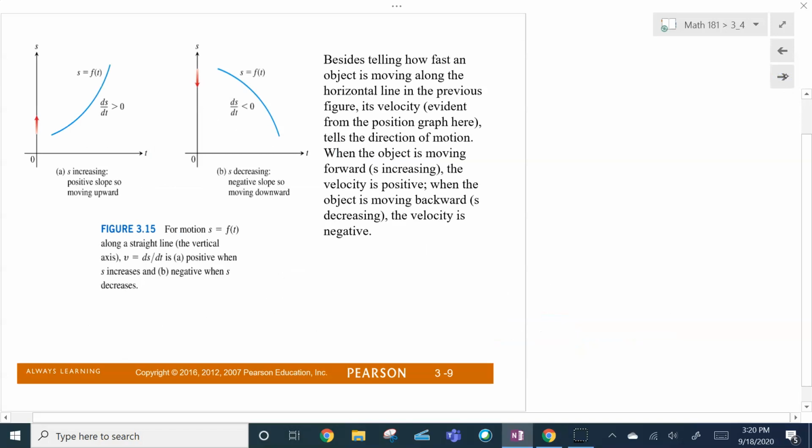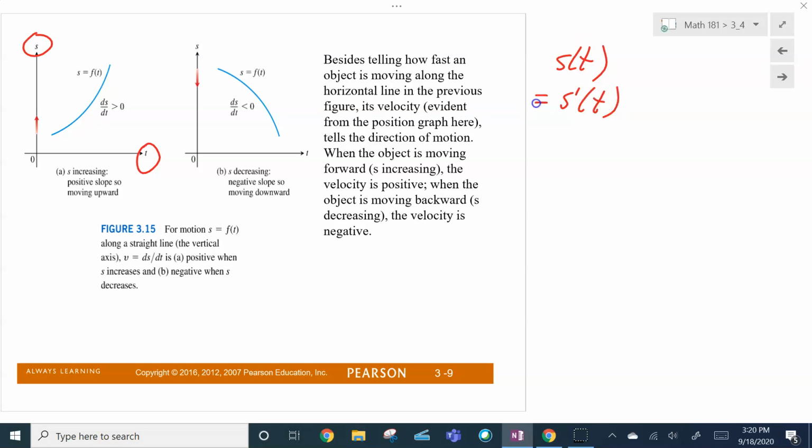For example, if you have a time with your position, so this is a position graph, okay? And notice it says here the derivative of position, which we know the derivative of position is velocity, right?